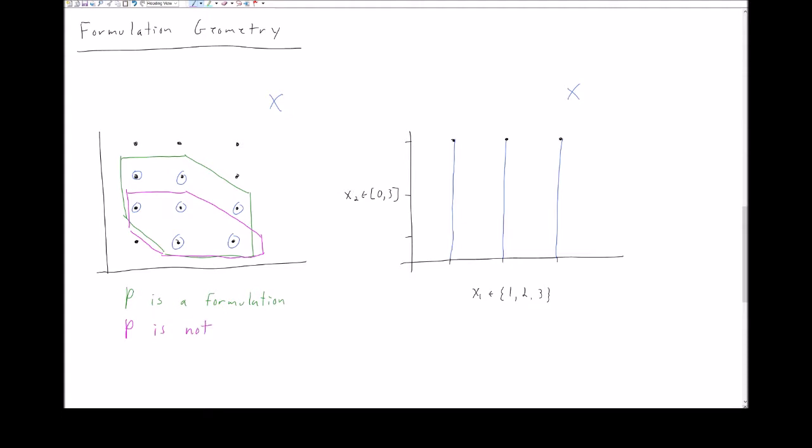Conversely, if we have a polyhedron that's too large, let's say we try to circle more points than we should, then this P, the one drawn in red, is also not a formulation. This is the geometric definition of formulation, circling lattice points.